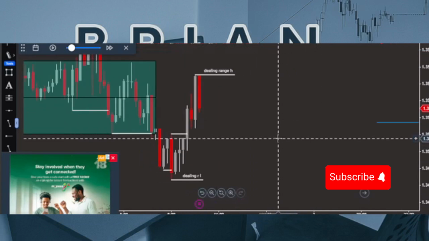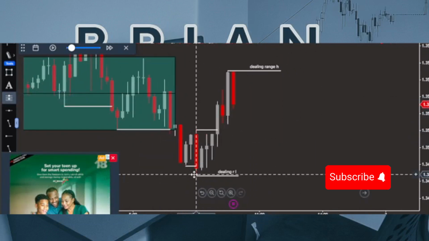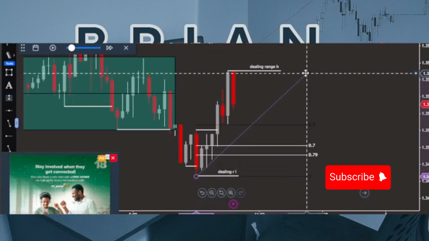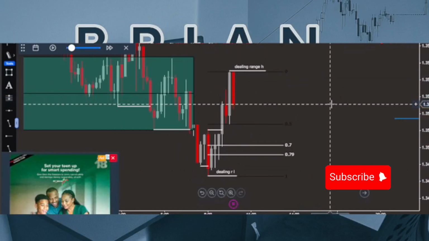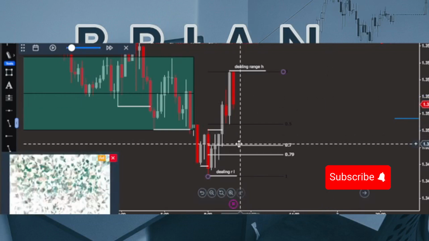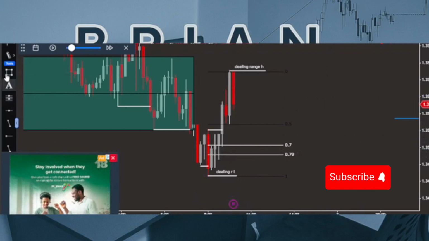So once you identify the deal edge, you draw your Fib from this low to that high, and your point of interest for best entry level is the 0.7 or the 0.79, which are the optimal trading entry levels.